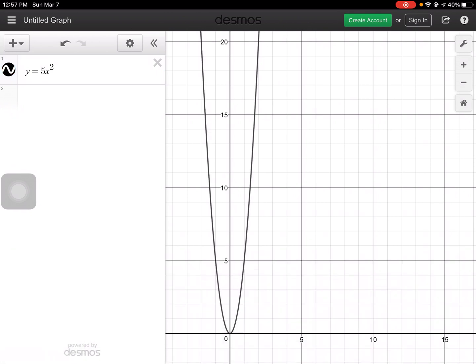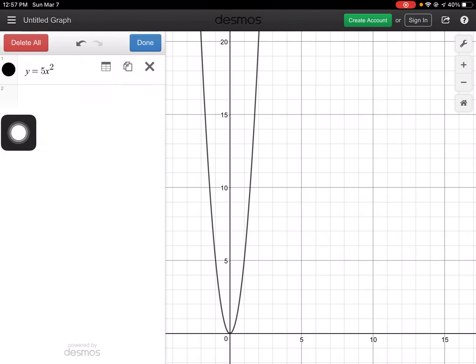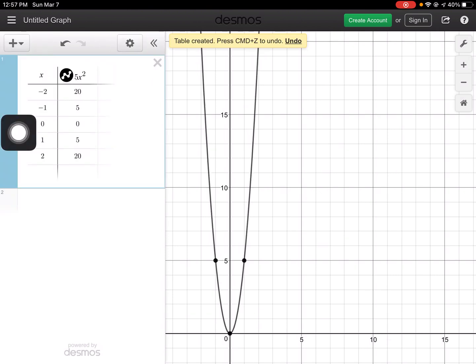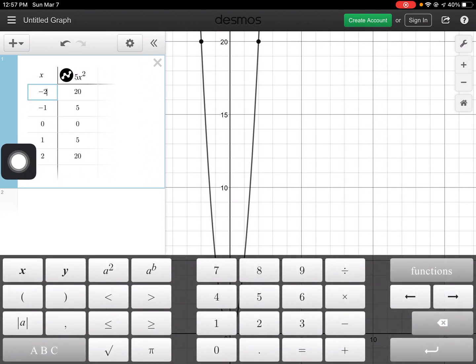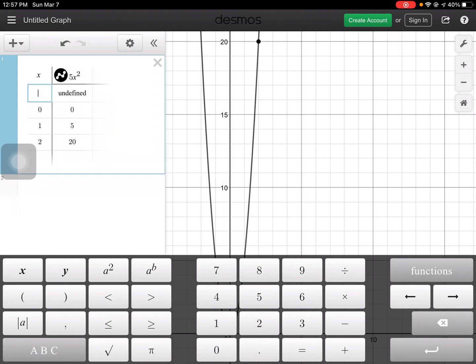Remember, we can go up here and use the little gear button to find a table for that function over in our area here. We do not care about negative time here, so I'm going to delete these ones. Then I'm going to start at 0 and go up by 0.5.